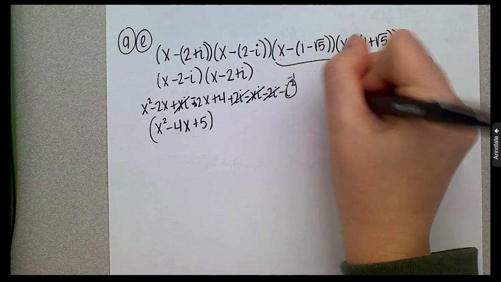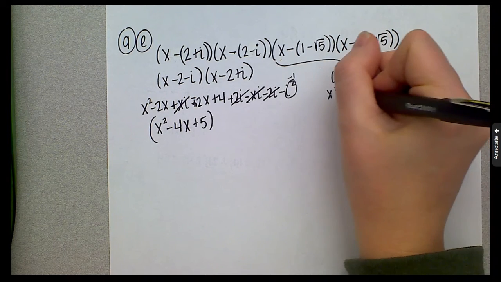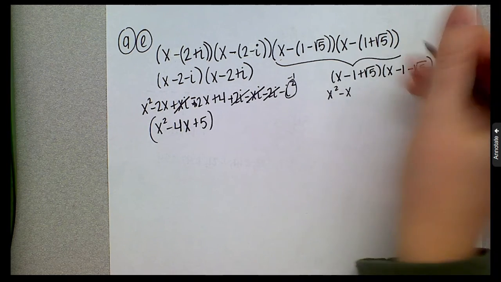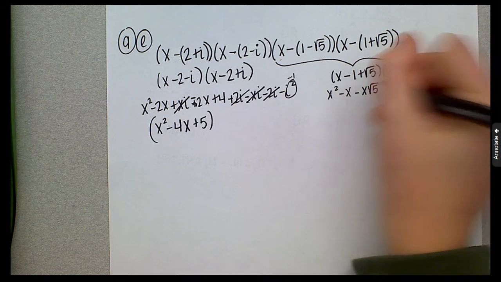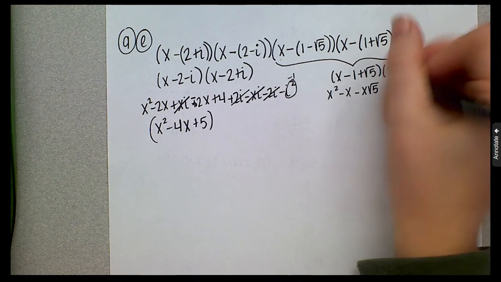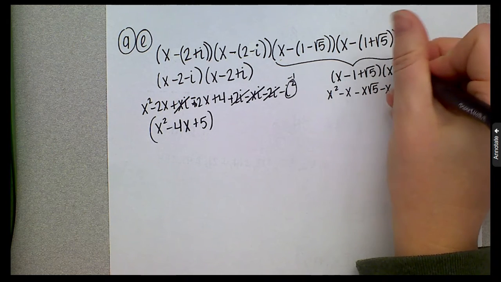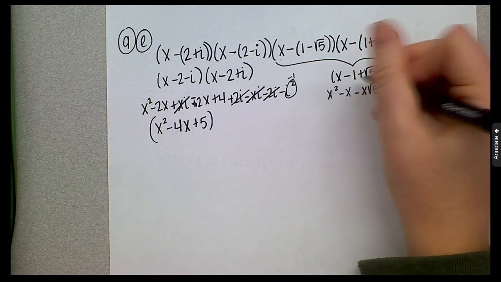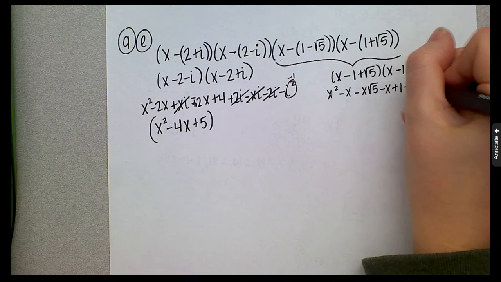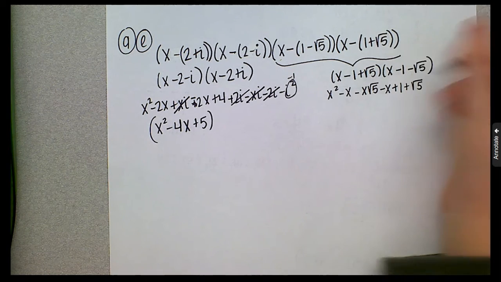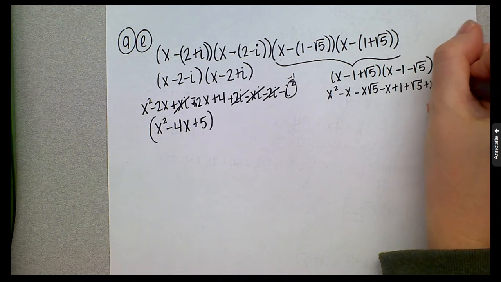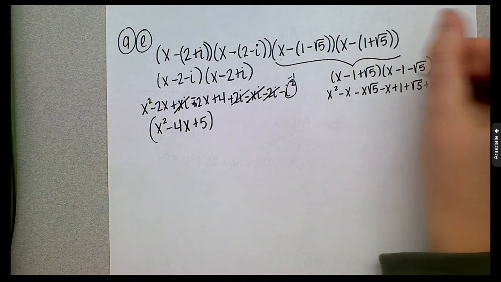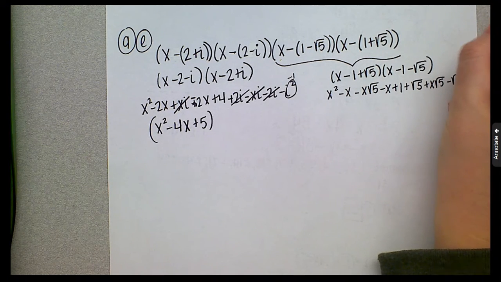x squared minus x, minus x root 5, minus x plus 1 plus root 5, plus x root 5, minus root 5.